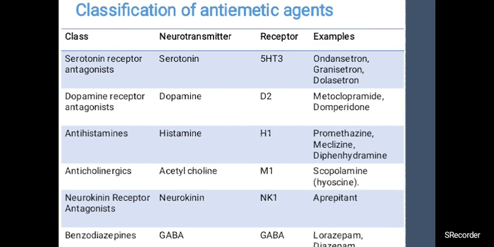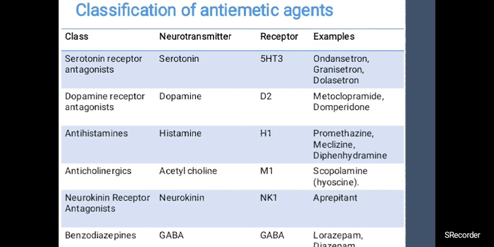We have the dopamine receptor antagonists, which act on D2 receptors: metoclopramide and domperidone. We have the antihistamines, which act on the H1 receptors: promethazine, meclizine and diphenhydramine. We have the anticholinergics, which act mainly on the M1 receptors. Here we have scopolamine or hyoscine.